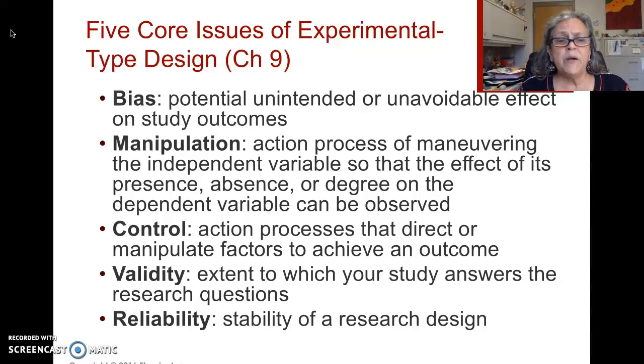So what was the process of maneuvering the independent variable so that the effect of its presence or absence on the dependent variable can be observed? Control, so what were the actions and processes that direct or manipulate the factors to achieve the outcome? Is it valid? How much does it answer the research question? And is it reliable? How stable is the research design? So validity is more about, is this really what I'm asking? And reliability is more about, did I do a good job asking it?